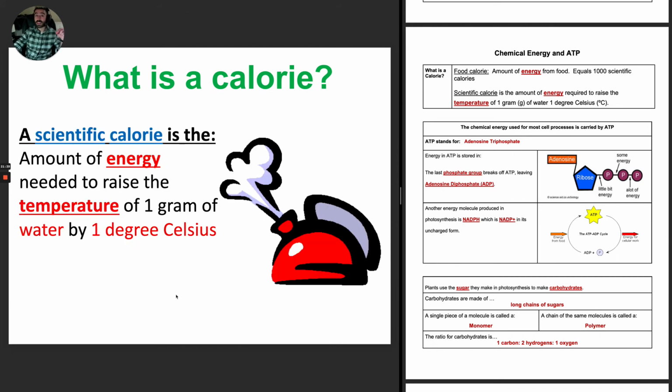A scientific calorie, the definition of a calorie, is the amount of energy needed to raise the temperature of 1 gram of water by 1 degree Celsius. Now that's very specific, and I'm not imagining that when you're calculating your calories for the day that you're thinking about this. But because we're talking about cellular energy, I think that's useful and relevant to know.